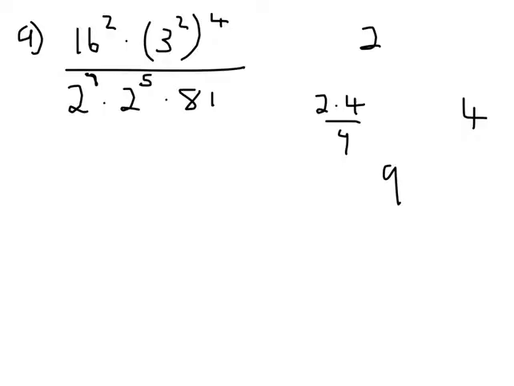What I know is that 2 is 2 to the exponent of 1, 4 can be written as 2 to the exponent of 2, and 9 we know very well can be written as 3 squared. So that's how I always look at it, so that it doesn't look intimidating.